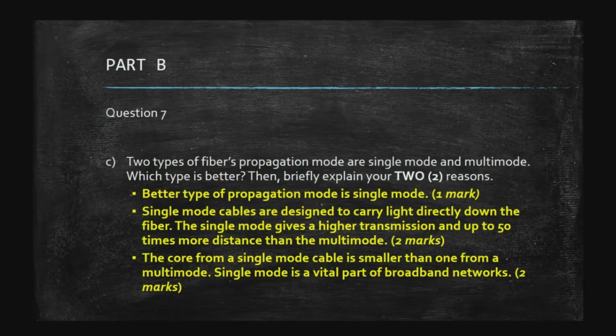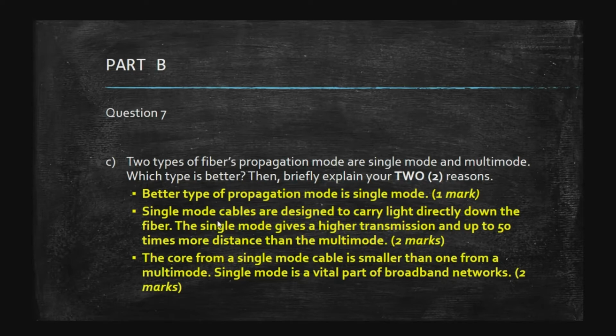So the better propagation mode is single mode. Single mode cables are designed to carry light directly down the fiber. You can refer to the diagram of the multi-mode and single mode in order to visualize my explanation.